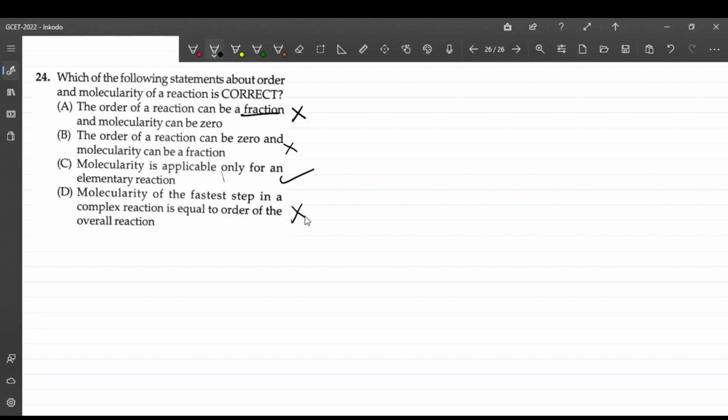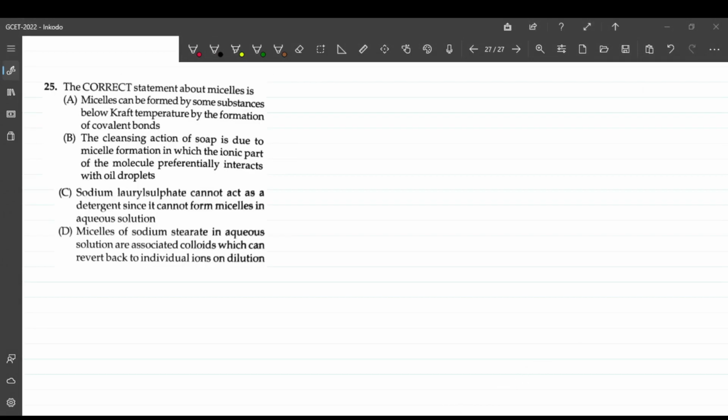Molecularity is defined independently for all the steps, and we don't add the molecularity of the independent steps in a complex reaction. So option D is incorrect. The answer for question number 25 is option D, a theory based question.